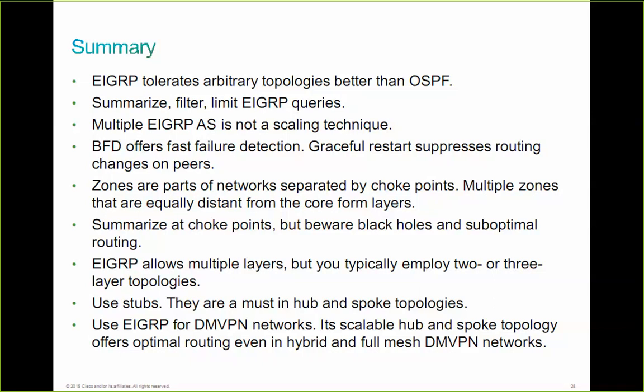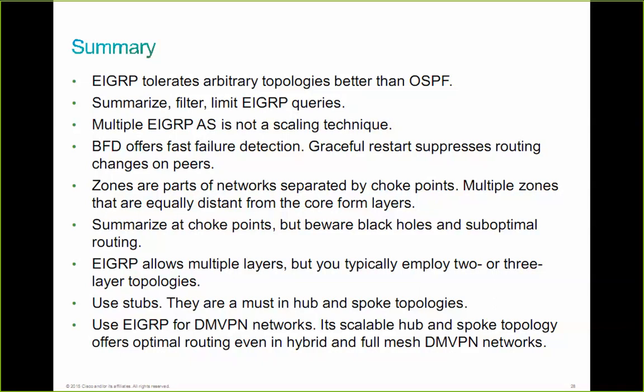And we saw that we had a two-layer hierarchical model that we could use, and we had a three-layer hierarchical model that we could use. We always summarize at the choke points, but we have to be aware of black holes created by those null-zero routes and how routes are being advertised, as well as suboptimal routing. And then we typically will employ the use of a two-layer or a three-layer topology.